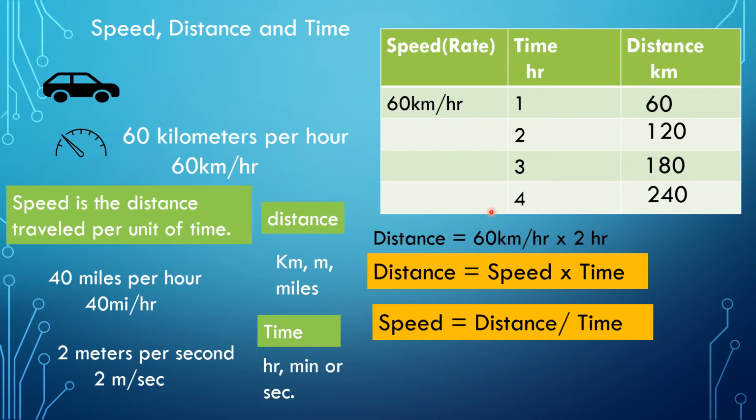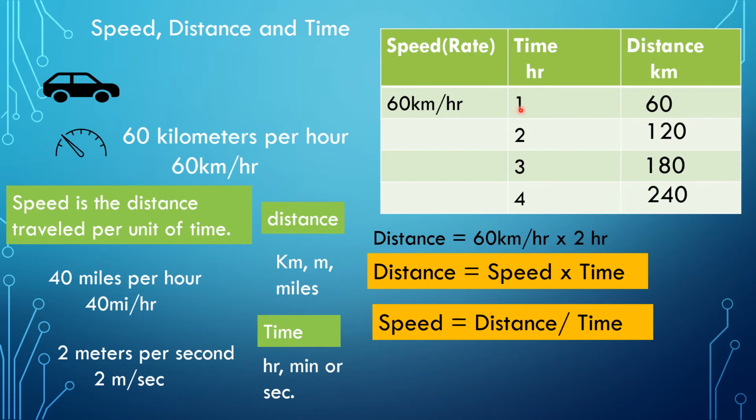Now, what about the formula for finding the time? This is the time. How are we going to get 1 hour, 2 hours, 3 hours, 4 hours from the given values here?